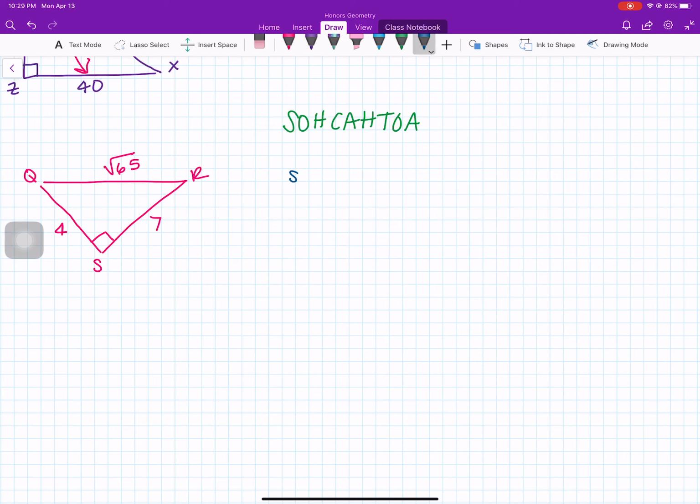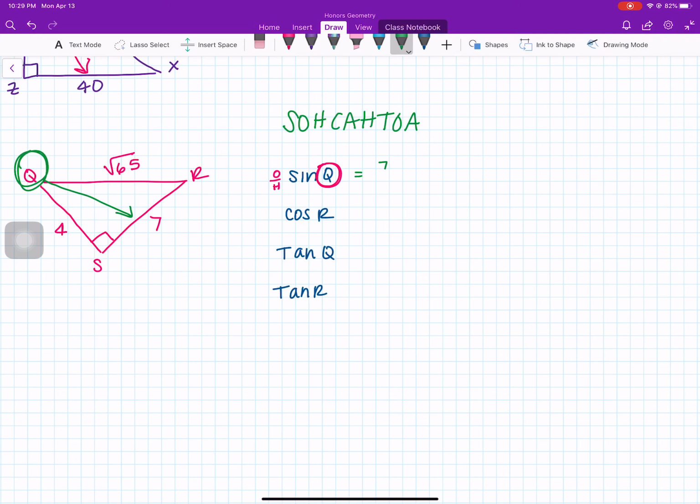So let's find these ratios. So the sine of Q, first off, sine is opposite over hypotenuse, and I am looking at angle Q. So here's angle Q. The opposite side of angle Q is 7.